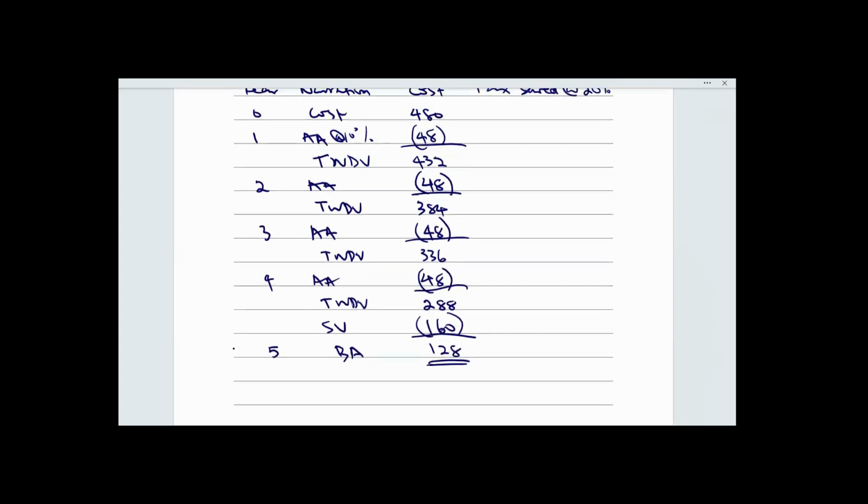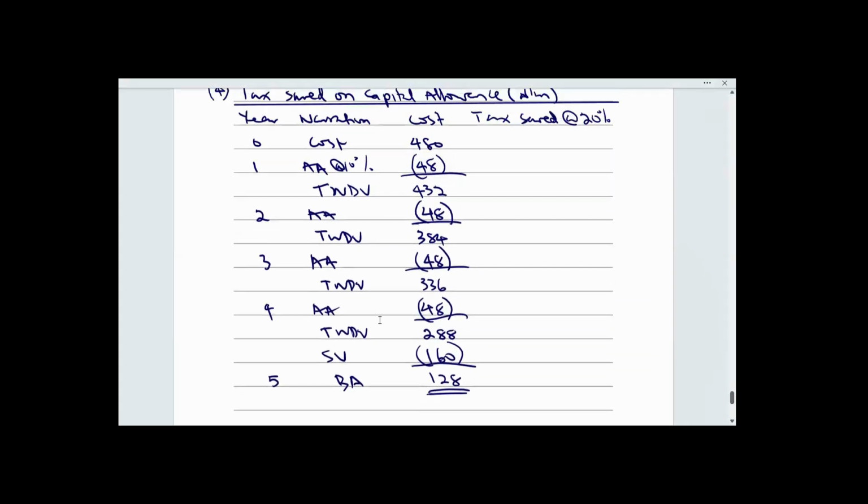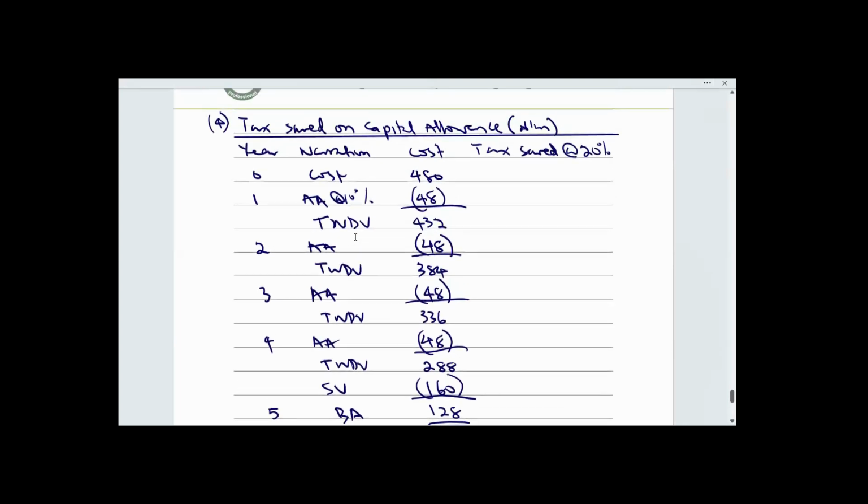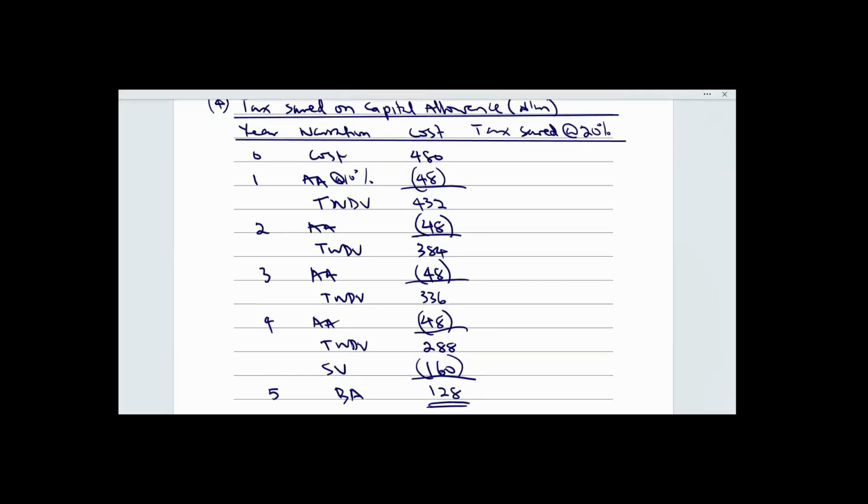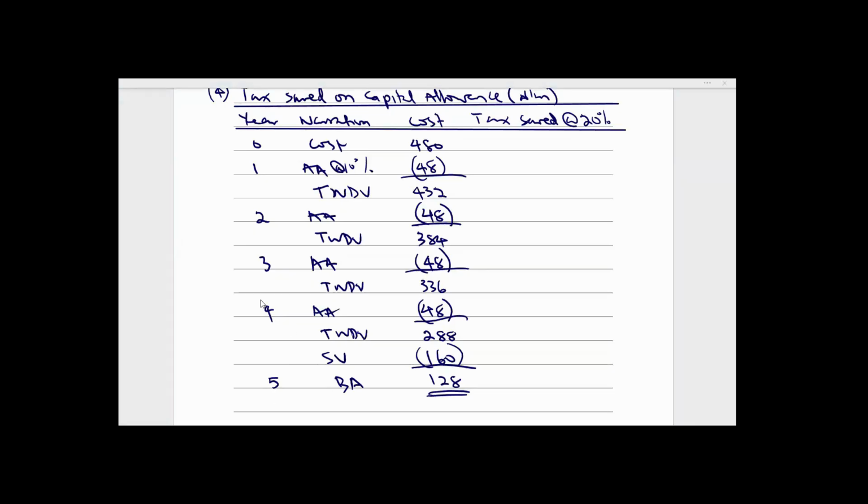So now that I've calculated my capital allowance, I need to get the tax saved on capital allowance. How do I get it? You are supposed to multiply the company tax rate by the capital allowance computed for each year. For year 1, for example, capital allowance is 48, multiplied by the company tax rate of 20%. That's 9.6.